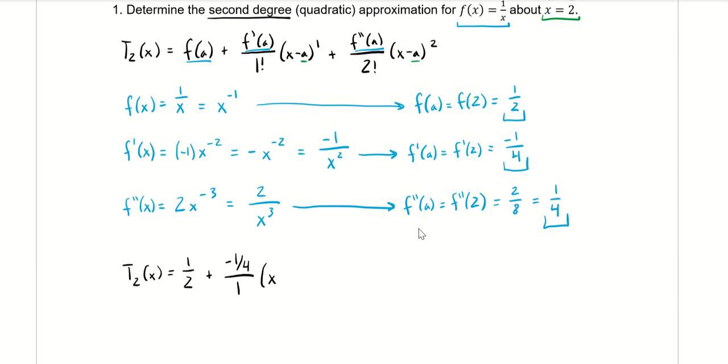And here, remember, a is not 0, a is 2. So this is going to be x minus 2 to the 1. Plus, now everything involves 2. My second derivative, 1/4, divided by 2 factorial, which is 2 times 1, times x minus 2 squared.